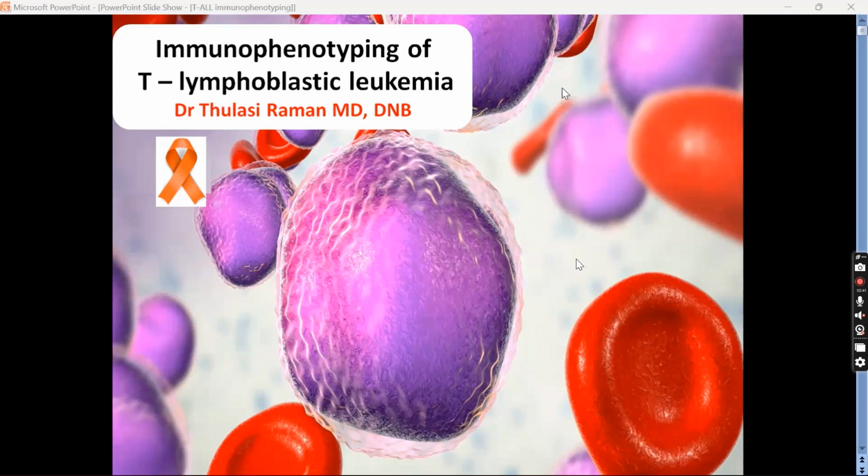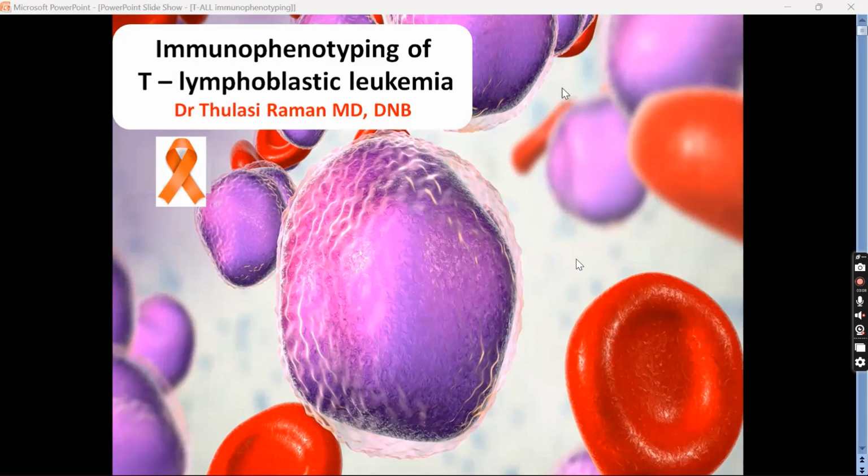Sir, can flow cytometry be used for diagnosis of CML? I have a slide coming in the next lecture. See, the absolute indication for using flow in CML is when it is going for accelerated or blast crisis, especially blast crisis, when you find in morphology there are many blasts. Second, you have an ambiguity in your morphology, whether it is a myelocyte without granules or a blast and you're not very confident on morphology, you can do flow.